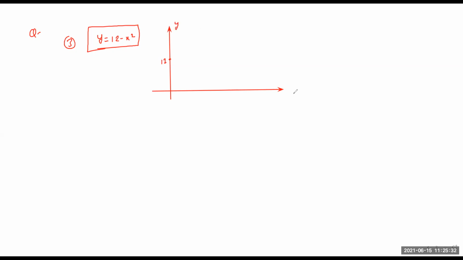Now if you plot it, you'll get a better idea. When x is 2 root 3, y will be 0, because if I put it, y becomes 0. This is a graph which is symmetrical.